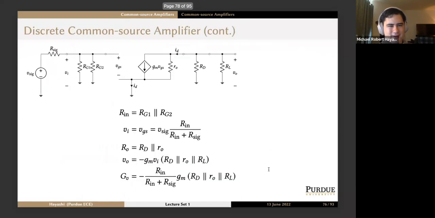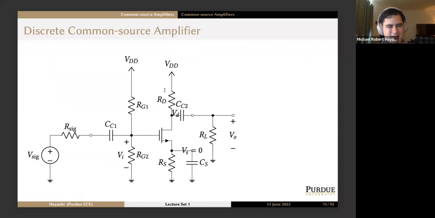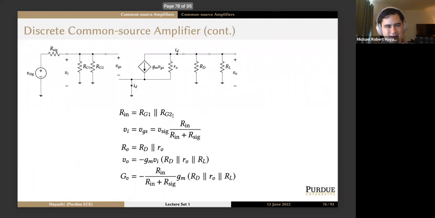So if we look at our discrete amplifiers, here we can see the input signal is fed into the gate and the output across the load is taken from the drain, common source amplifier. That's how I would identify slide 75 in, like, 5 seconds.